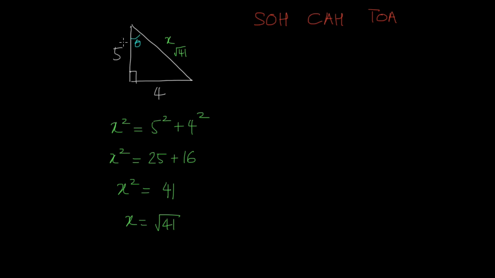So firstly, if I was to start with this angle theta and find the sine. Sine theta is opposite over hypotenuse. My opposite is 4. So the opposite side to theta is 4. And the hypotenuse is square root of 41. So that would be the sine of theta. The cosine of theta, so the cosine is adjacent over hypotenuse.